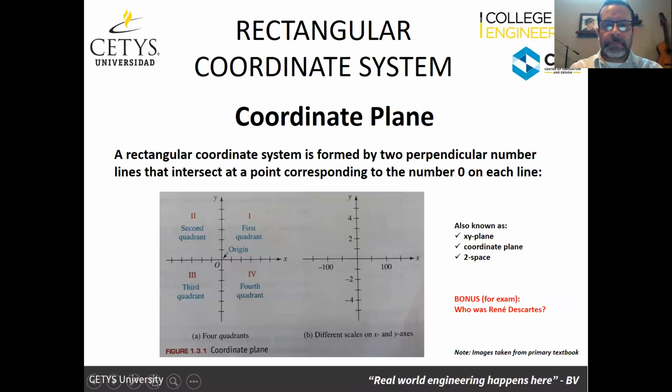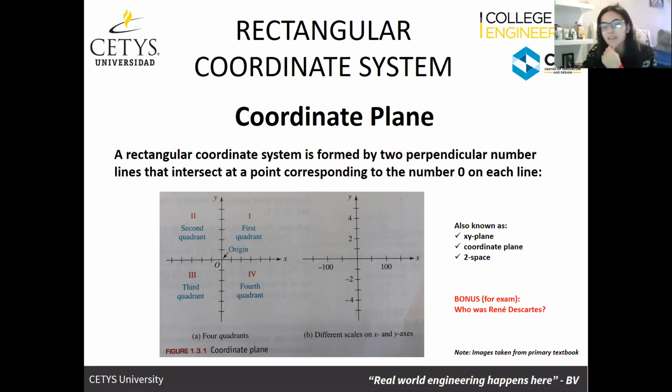There we go. Okay, so now that we're talking about the coordinate plane.